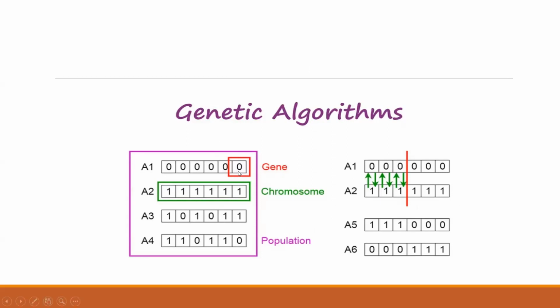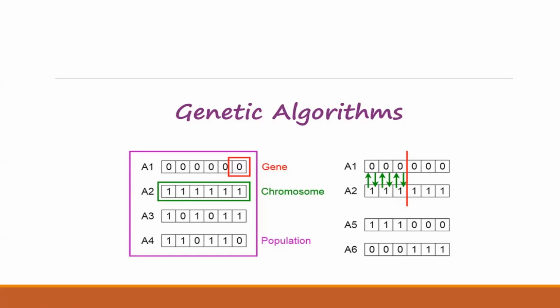The individual bit is known as a gene. Every individual or chromosome is converted into binary format. Next, the collection of genes is known as a chromosome.